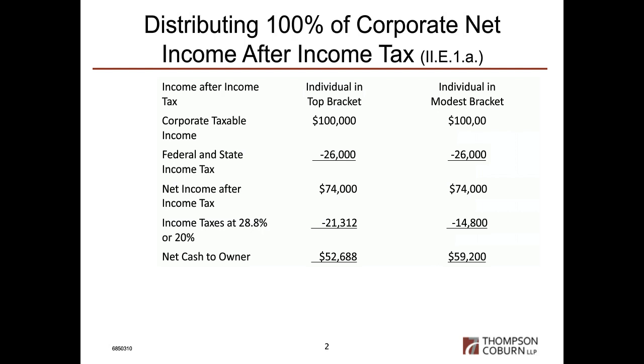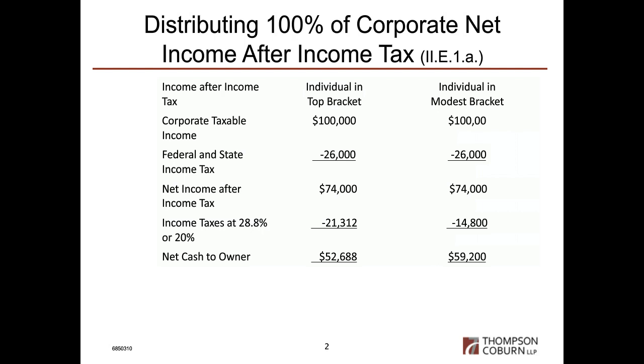So subtracting that $26,000 from the $100,000 corporate taxable income, we have $74,000 of net income after income tax. On this particular slide, we're assuming that the entire $74,000 of earnings is distributed to the shareholders.